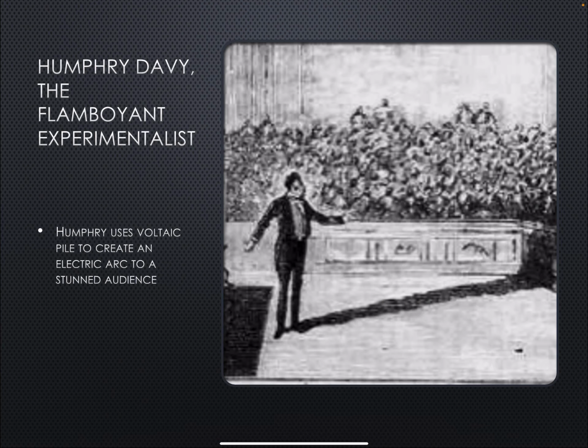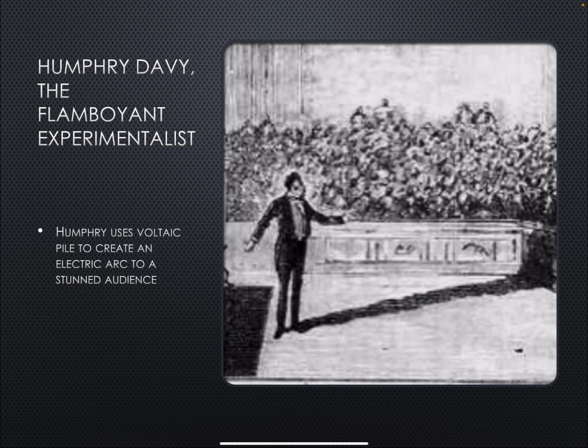Then the other experiment was performed by one of the greatest British experimentalists in the early 1800s, where he constructed one of the largest voltaic piles, one of the largest batteries, and he brought two carbon rods together and demonstrated an electric arc to a stunned audience.